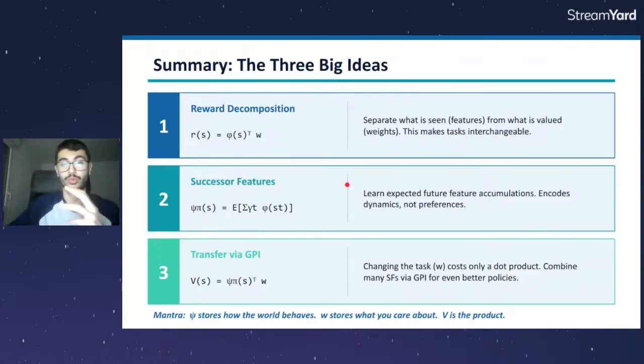And so to recover the value function or the critic, all we have to do is multiply the successor features with the task vector itself. And so to have another policy, we only need to change the W, change the task vector, and it's going to give us directly the Q function or the V function. And using these, we can have the associated policy to it.